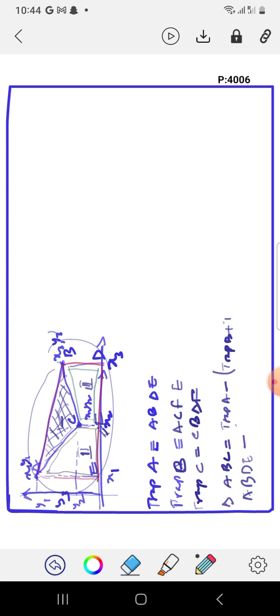Trapezium B plus trapezium C. That is A, B, D, E minus A, C, F, E plus C, B, D, F.